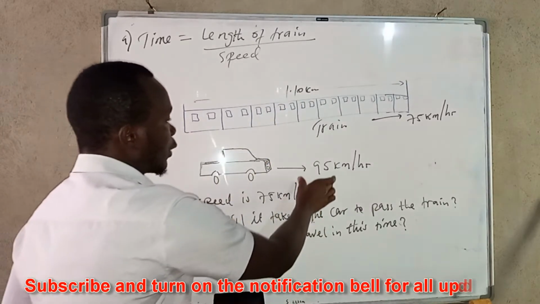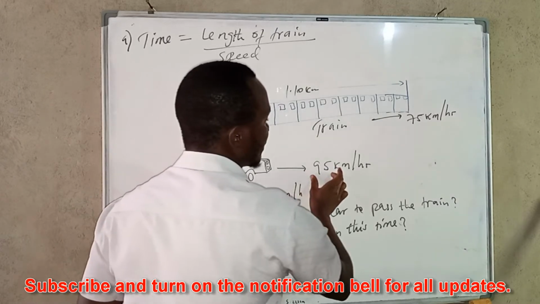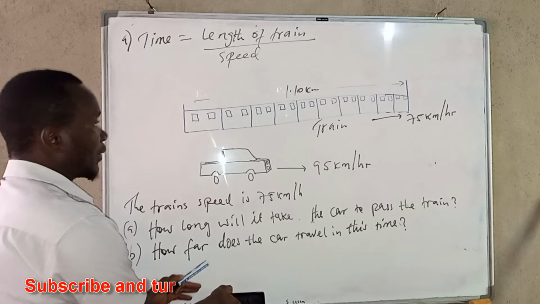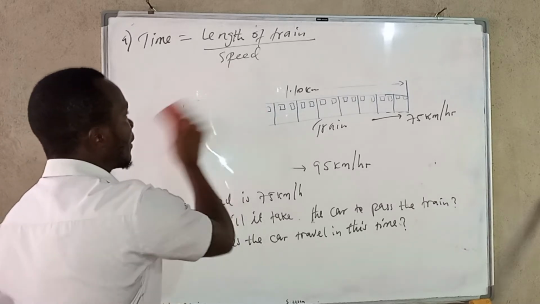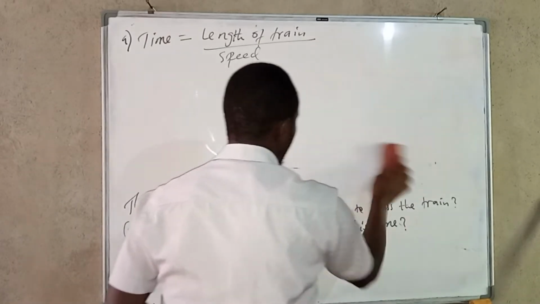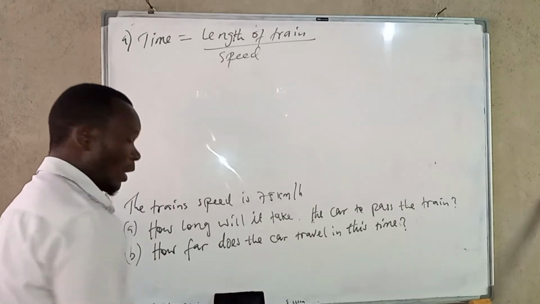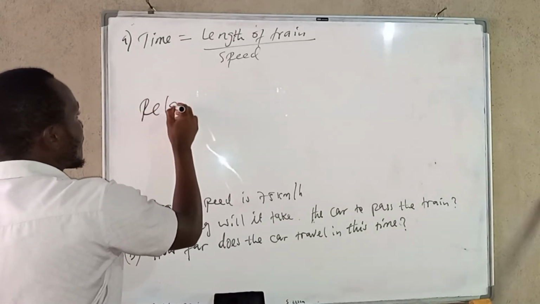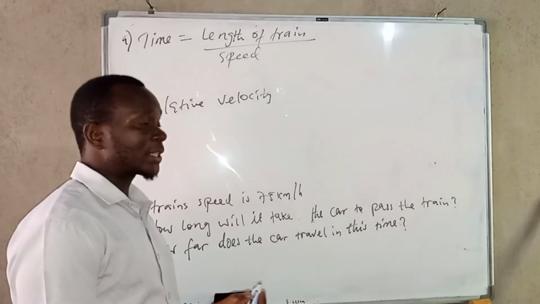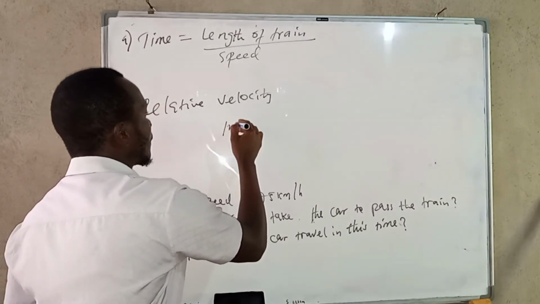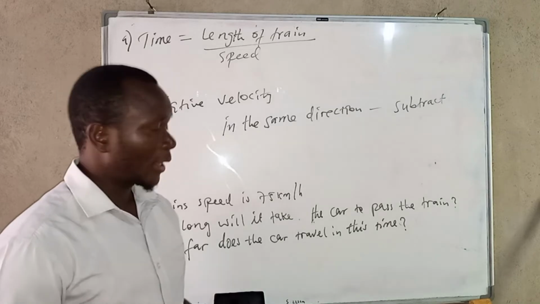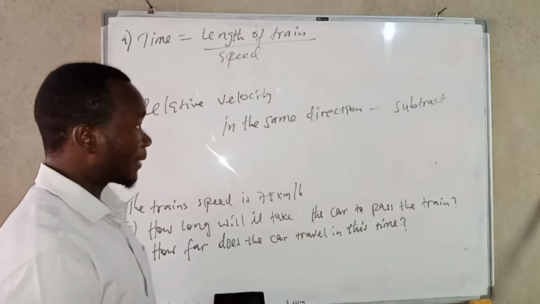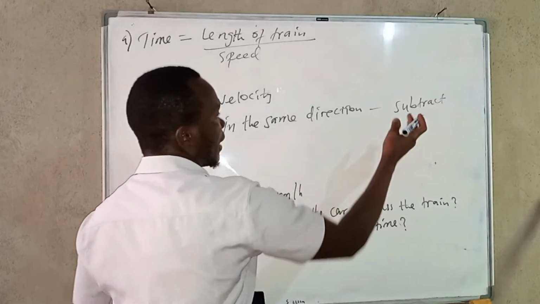Then the velocity of the car, 95 kilometers per hour, and for the train, 75 kilometers per hour. So let us do something now. When we are looking at relative velocity, in the same direction, we subtract. If the objects are in opposite directions, then we add.